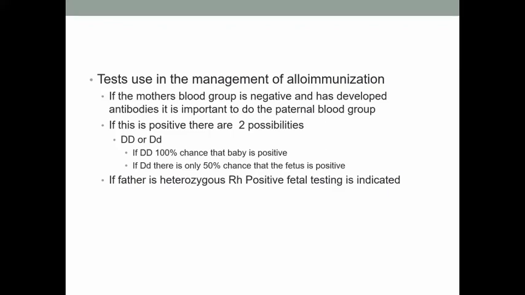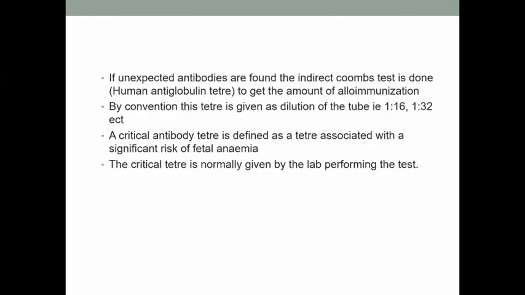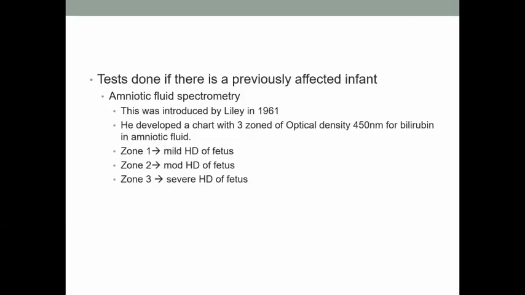If we know the fetal blood type is positive, we will know that this baby can get affected because the mother is sensitized. So if the mother is sensitized and we know the baby is positive, we know now this baby can get affected.